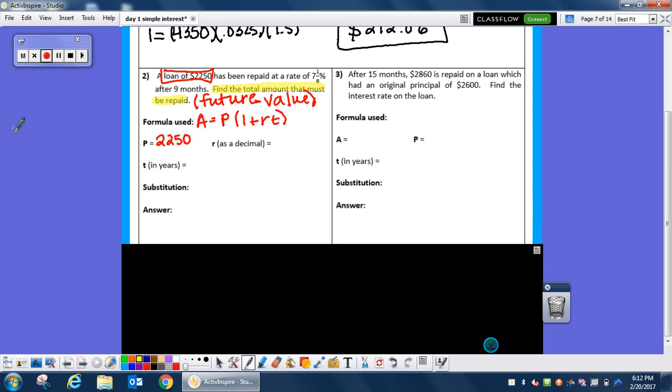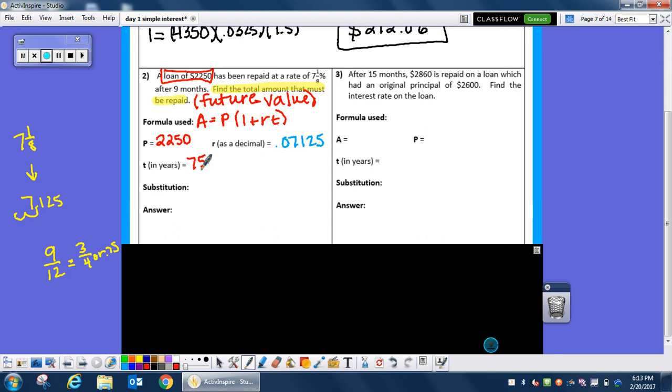So 7 1/8 is really 7.125, and you have to move your decimal, so it ends up being 0.07125. And then 9 months, you need to put this in years. So 9 out of 12 is 3/4 or 0.75.